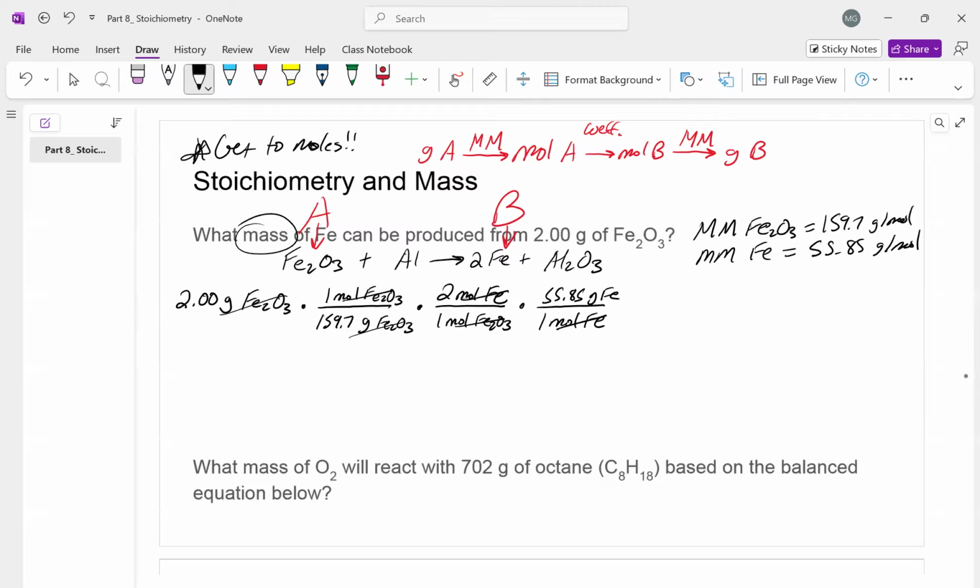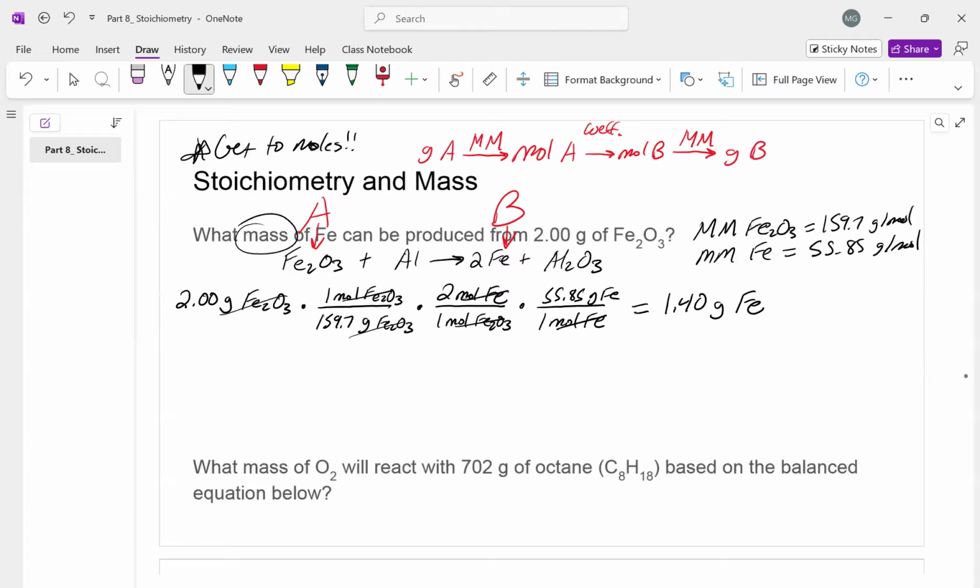And notice if I've set this up correctly, every single unit cancels out until I'm left with grams of iron, which is exactly what the problem is asking me for. So I'm going to toss this into my calculator, keeping track of significant figures. And that's going to produce 1.40 grams of iron.